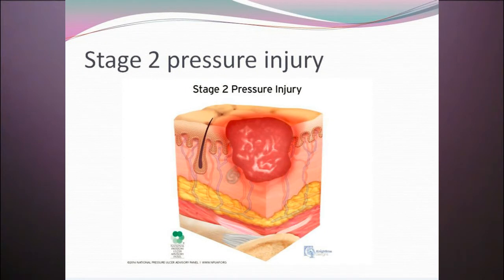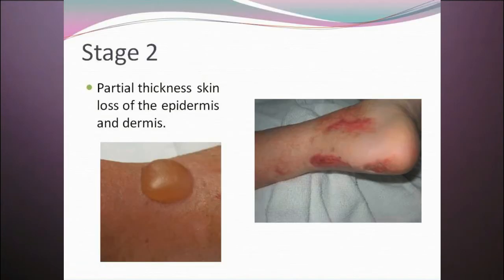Stage 2 pressure injury. This is where we have now gone through the epidermal layer and we are now into the dermal layer. And this is considered a type of partial thickness wound. If we look a little more closely at a couple of clinical examples, on your left we have a wound that has a serous-filled blister.